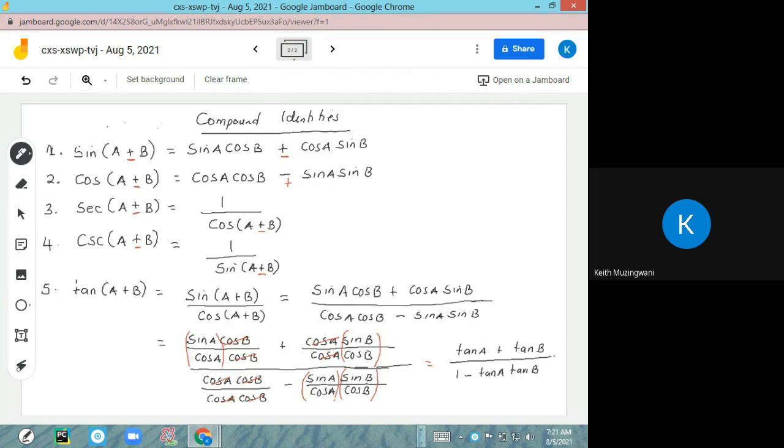So that if it was minus here, the minus would just be following up here, and it will be changed to plus on this part.